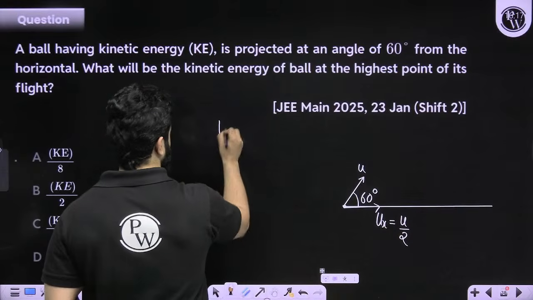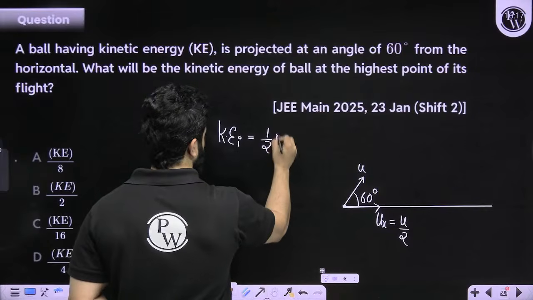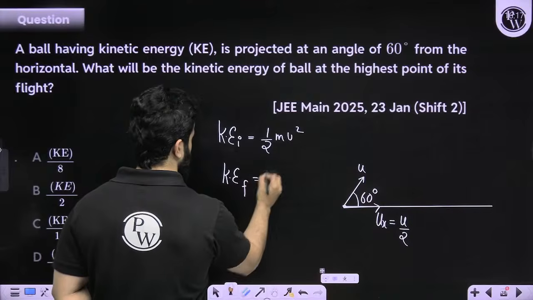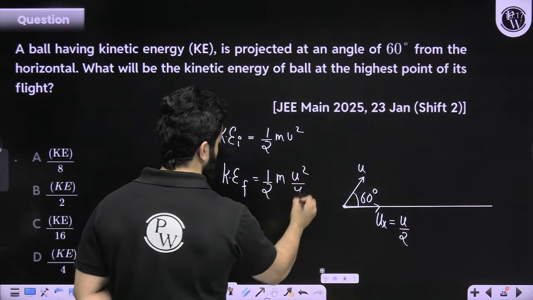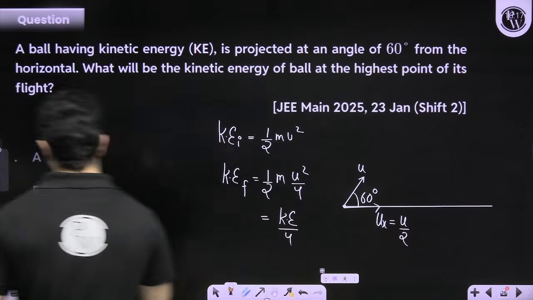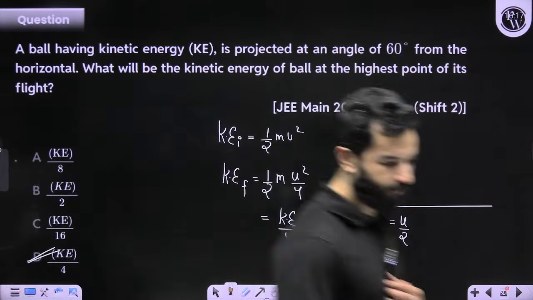Initially you have got half m u square and finally we have got half m u square by 4, that means this is 1/4 of the kinetic energy. D is correct.